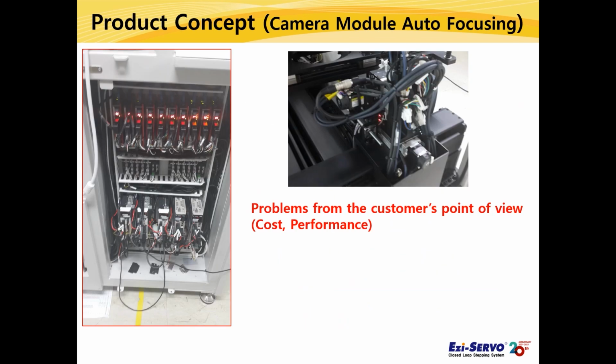Now, using an actual machine as an example, I would like to introduce the concept of Ethernet product development. This machine aligns the lens and sensor of the camera module used in the smartphone. As you can see in the photo on the left, the customer applied 10-axis of Ezi-SERVO 2+E, which is a standard type of closed-loop stepping system, and 5-axis of Ezi-SERVO.